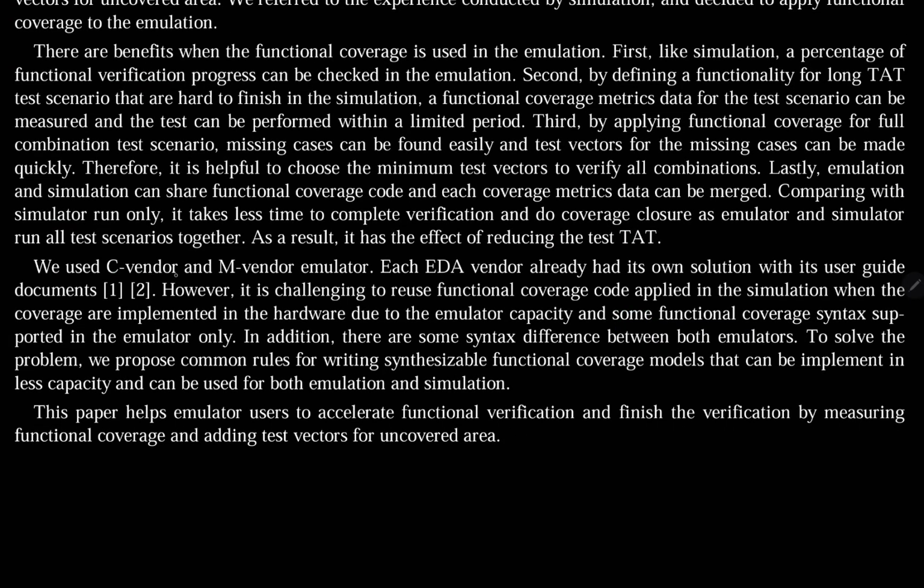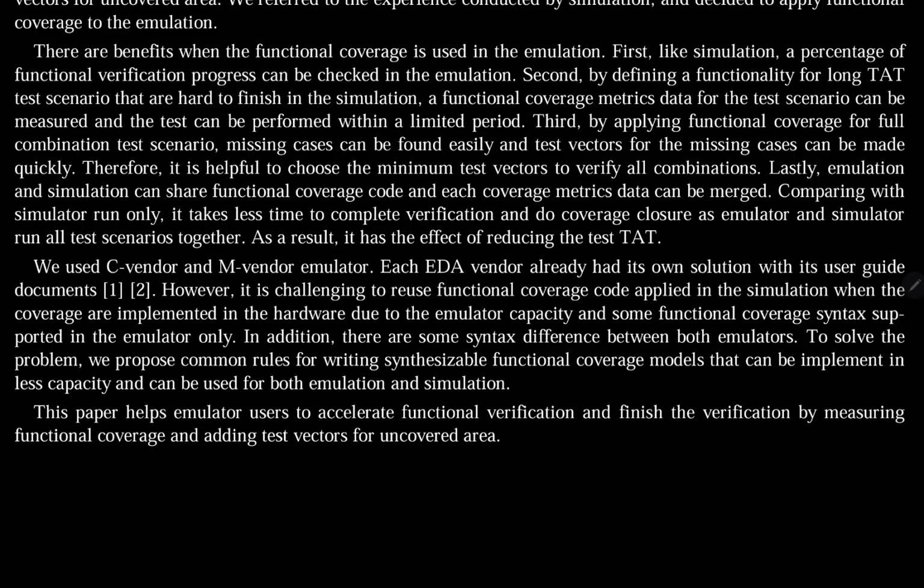We use the C vendor and M vendor emulators. Each EDA vendor already has its own solution with its user guide document. However, it's challenging to reuse functional coverage code applied in the simulation when the coverage is implemented in the hardware, due to the emulator capacity and some functional coverage syntax supported in the emulator only. In addition, there are some syntax differences between both emulators.